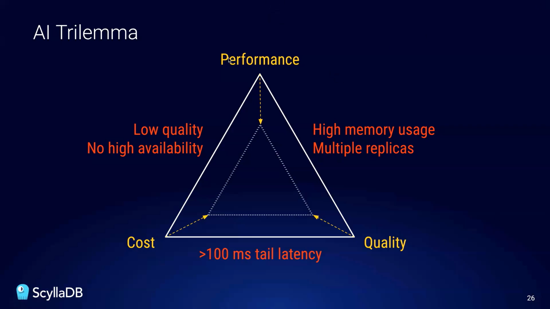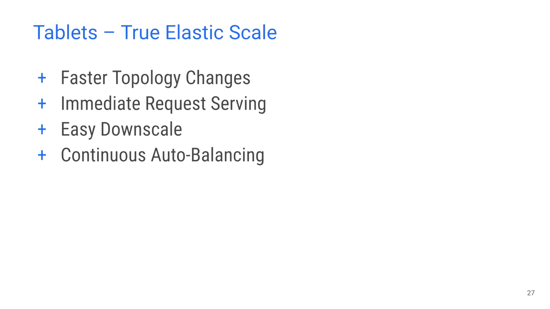And if we give preference to performance and quality, we might get good answers very fast, but that would cost us, typically hardware or networking. And we have some users that are paying just for hardware to AWS hundreds of thousands or even millions of dollars a year. So that's a lot of money.